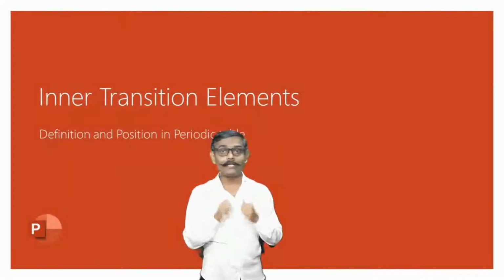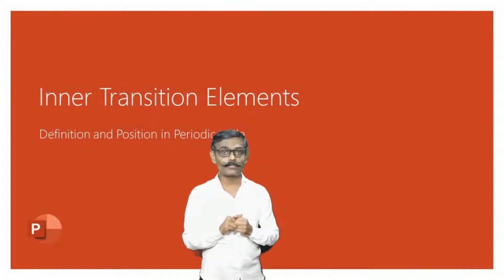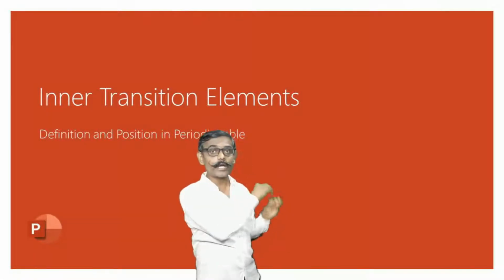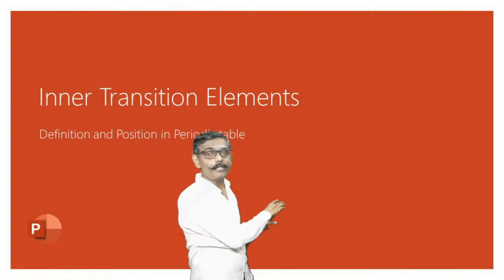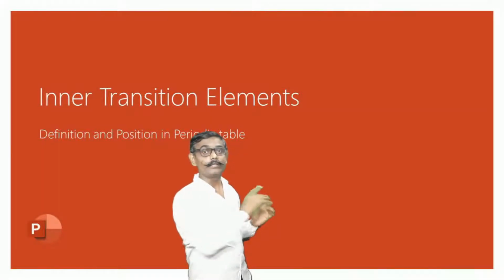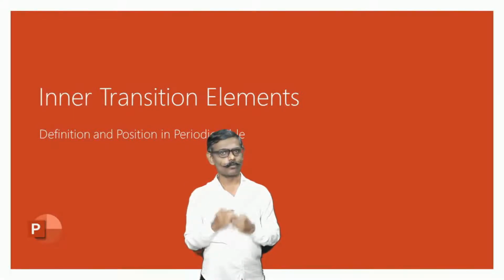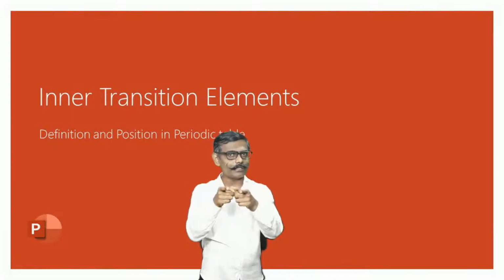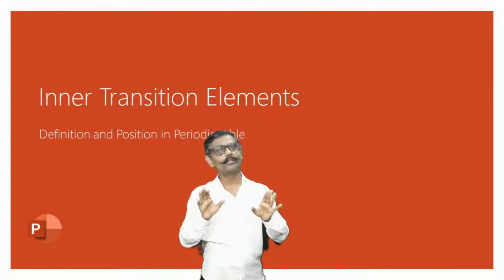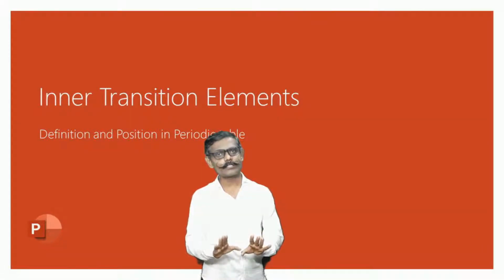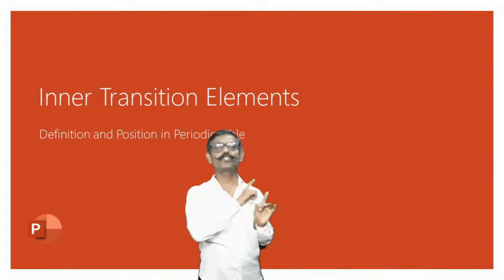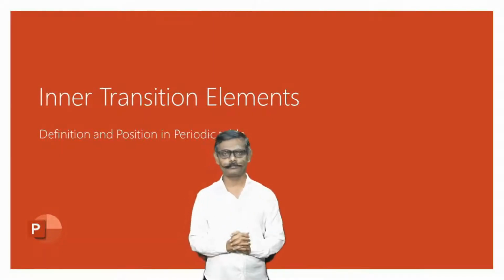What is meant by inner transition series elements? Where are they located or situated in the periodic table? That we should study. So my expected outcome is you should know the concept of inner transition series elements and their position in the periodic table.